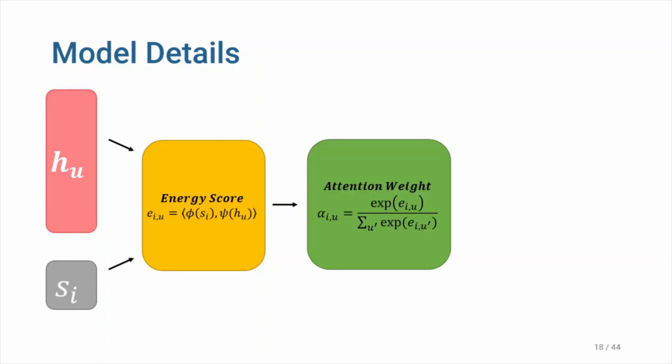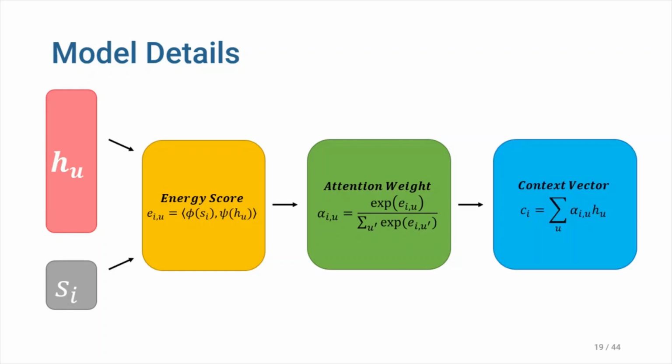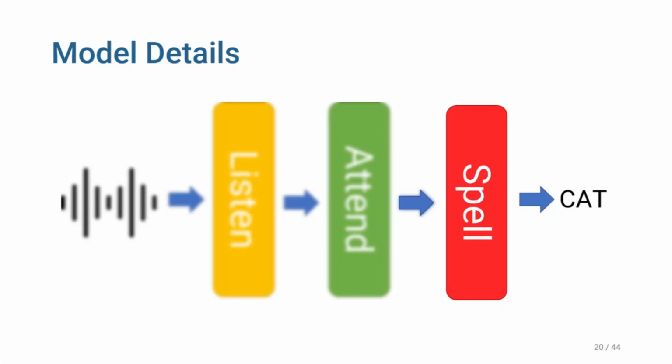The scalar energy score is then converted into a probability distribution over time steps, or as we call it, attention weight, using a softmax function. The softmax probabilities are used as mixing weights for blending the listener features h_u to the context vector c_i for output time step i. The last stage is the spelling part.